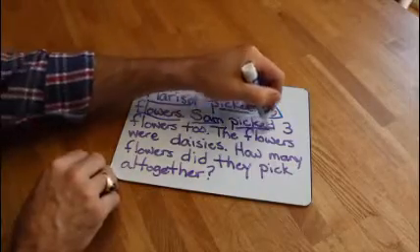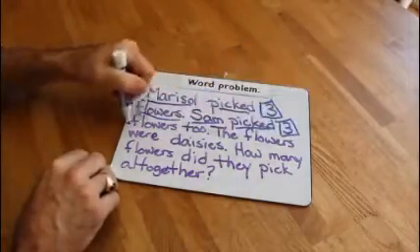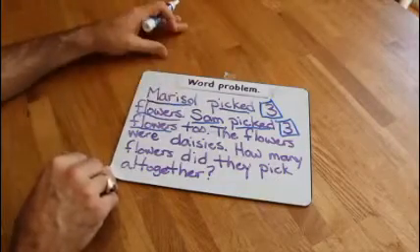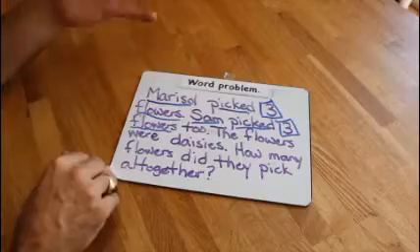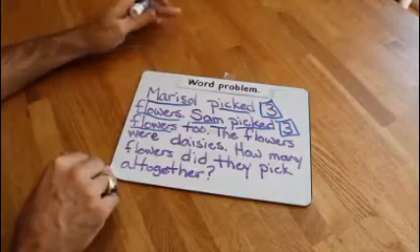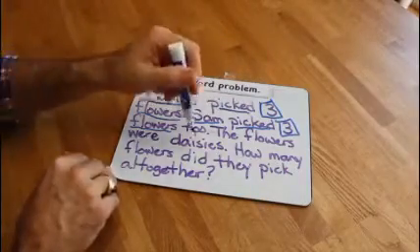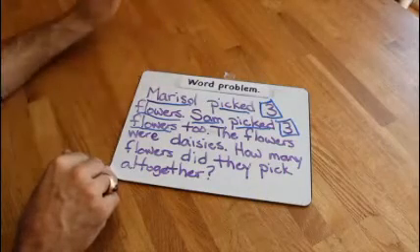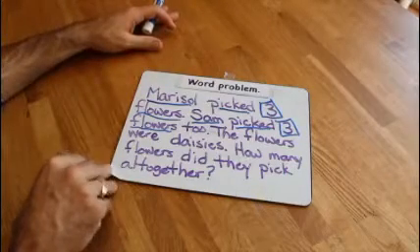Sam picked 3 flowers too. That's not the number 2. That 2 means also. Means he did the same thing. The flowers were daisies. Beautiful flowers. I love daisies. Not important for our word problem though.